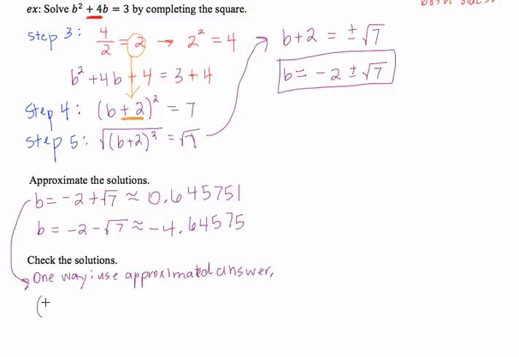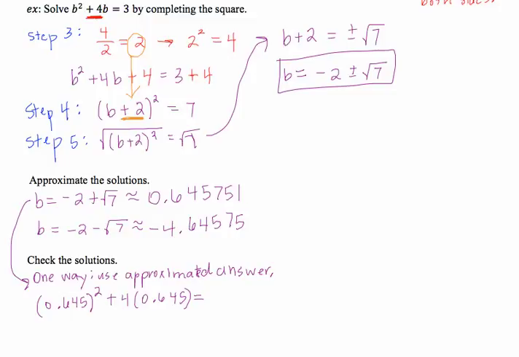So if we plugged in 0.645, I'm just going to round here, squared, plus 4 times 0.645, we should get roughly 3, hopefully. Now if you're reusing the decimal numbers that your calculator gave you, it should give you exactly 3. Now if you're actually retyping 0.645, you're going to have some rounding errors.